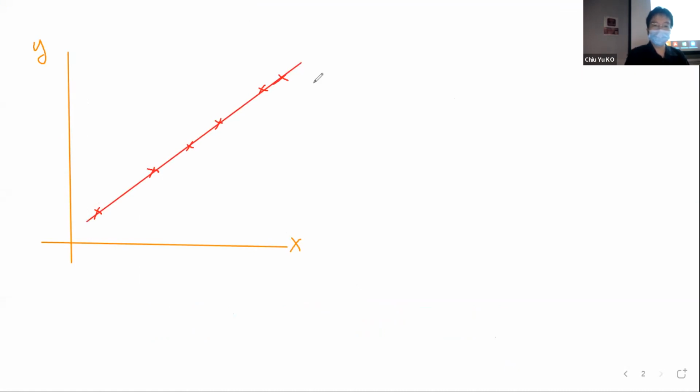Then rho xy is exactly 1. In the other case, if everything is on a line going the other way, then this will be -1.